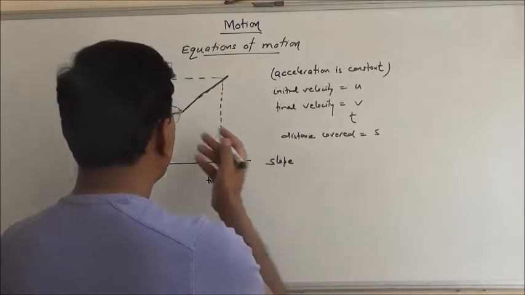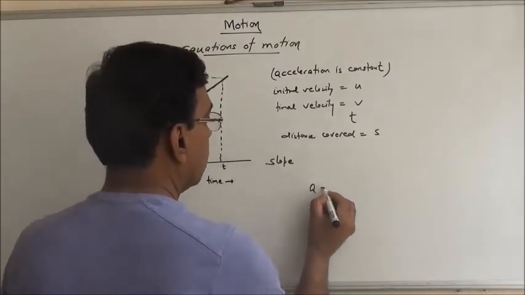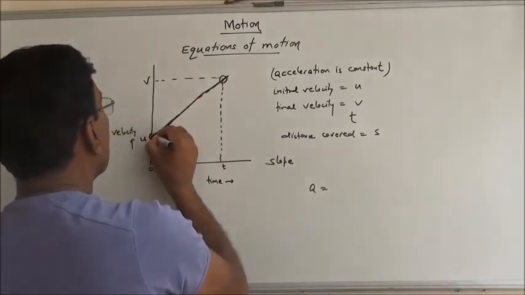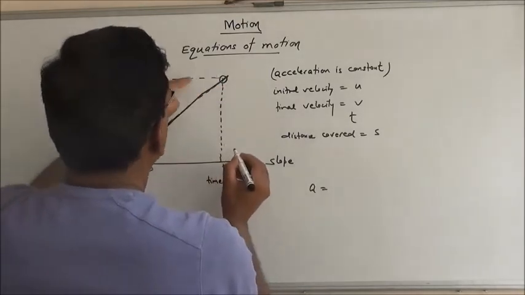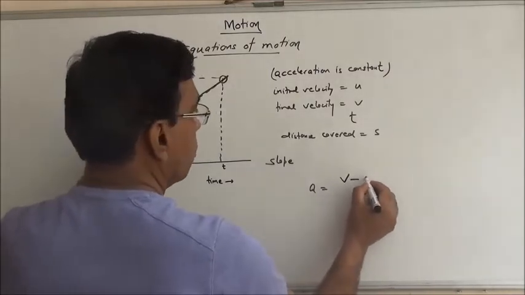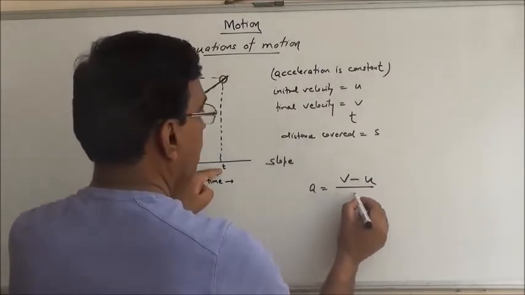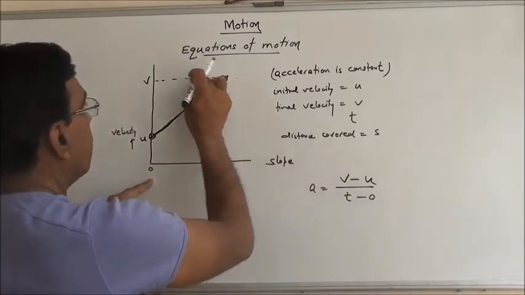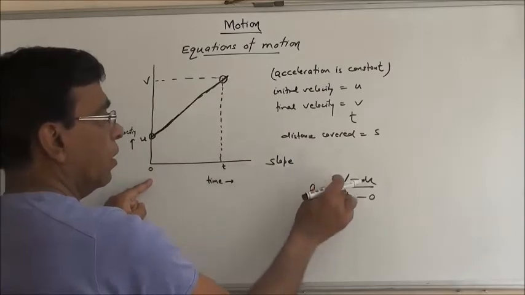Slope is the acceleration. So I will take two points, one this because velocity is known, and one this. What is the velocity here? v2 is v, v1 is u, t2 is t, t1 is 0. This point: velocity v, time t.